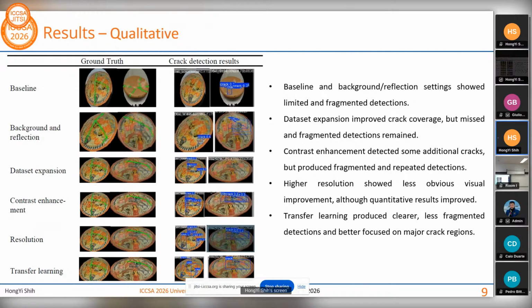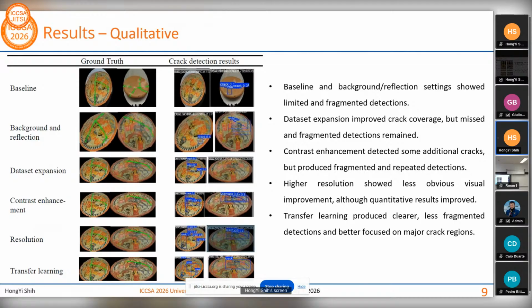More crack regions were detected as shown in the first image. However, in the second image, we can see the model still misses a lot of cracks. So it indicates that dataset expansion improved detection coverage, but did not fully resolve the difficulty of detecting cracks on decorated surfaces.